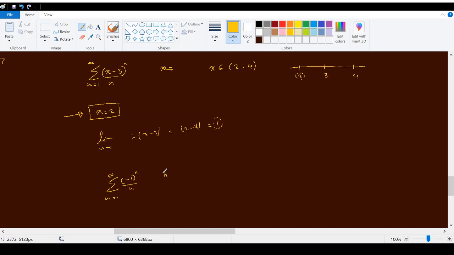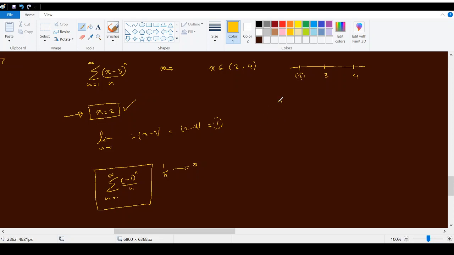Remember, we have a sequence like this, and it goes to 0 and also it is decreasing. So from the alternating series test, we can say that the given series converges. So at x equals 2, the series converged, right?